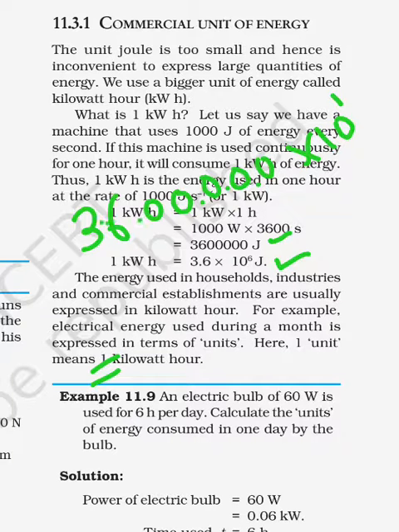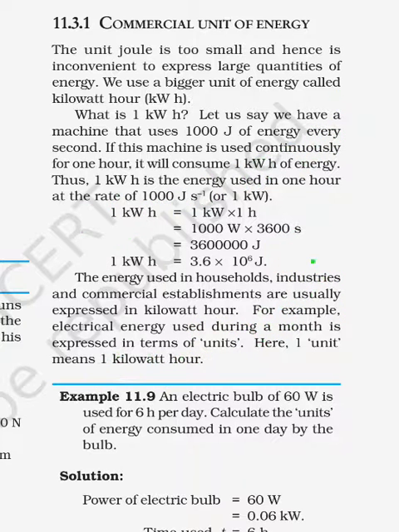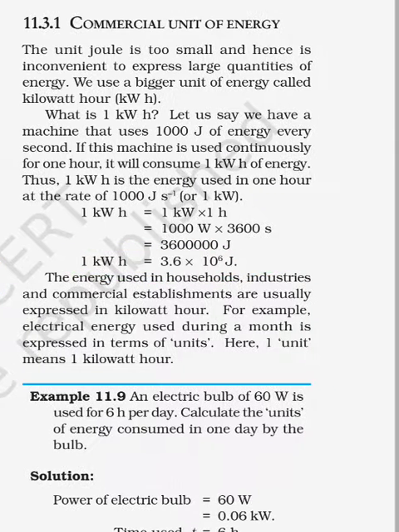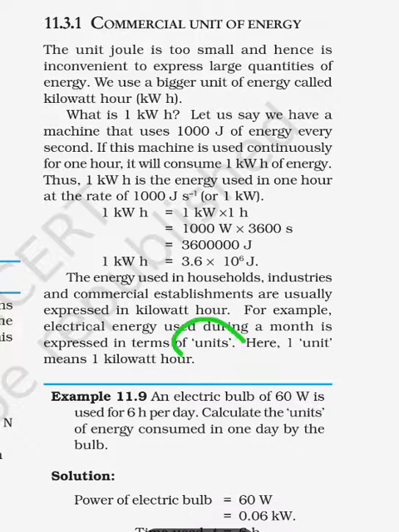So it will become 3.6 into 10 to the power 6 joule. So this is the numerical value of 1 kilowatt hour, or we say 1 unit. It is written here. It means 1 unit means 1 kilowatt hour.